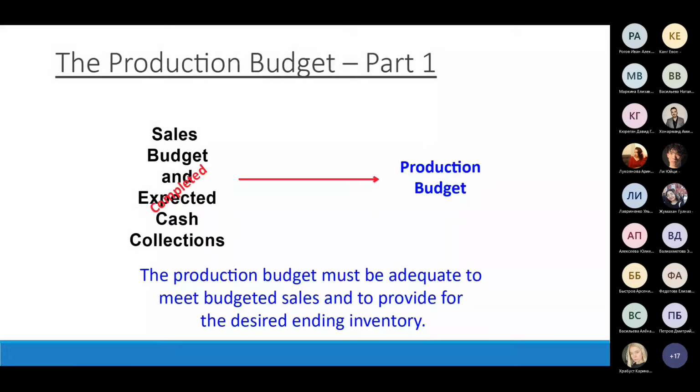The production budget must be adequate to meet budget sales and provide for desired ending inventory. After that, you can calculate the required amount of materials and go further with the budgeting process. So the next step is to prepare the production budget.